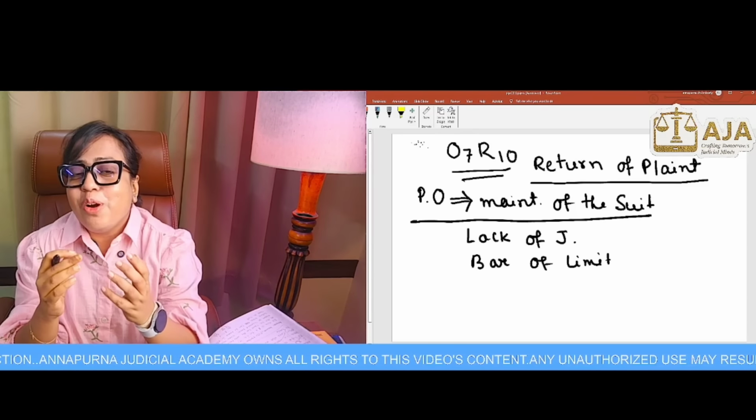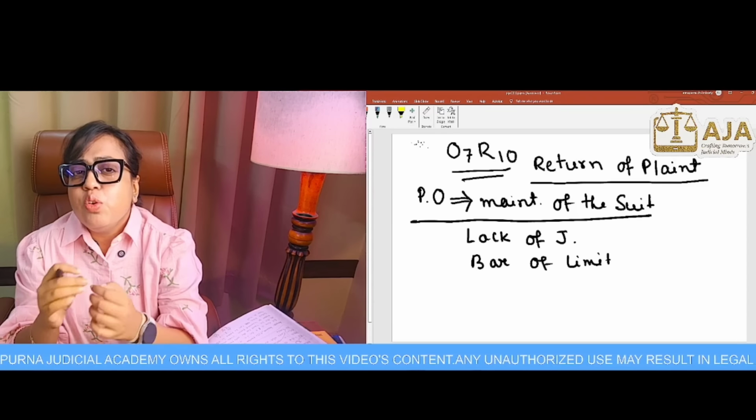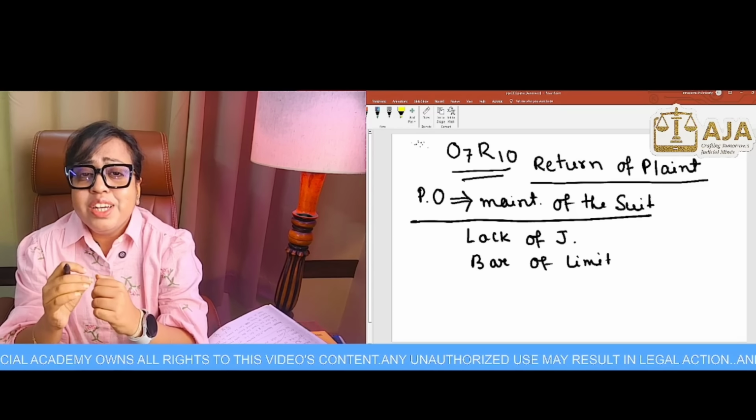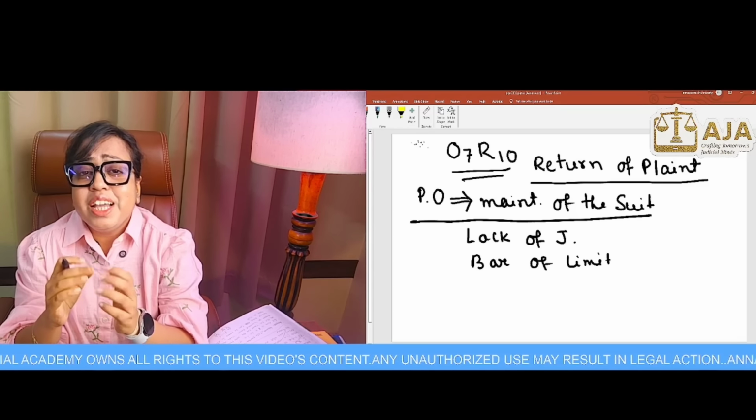But for Order 7 Rule 10, we will focus on the issue of lack of jurisdiction.